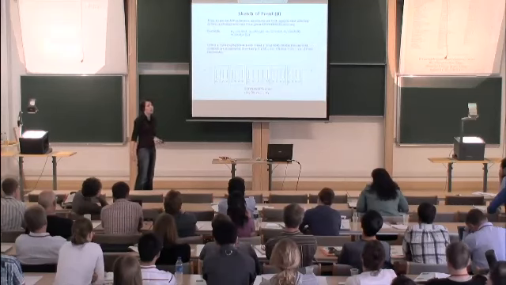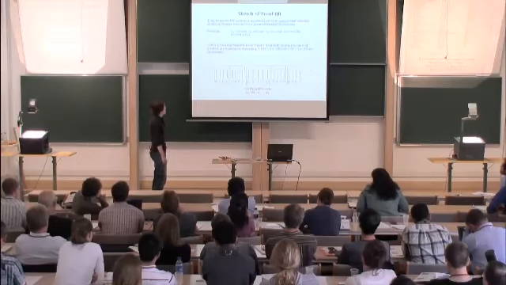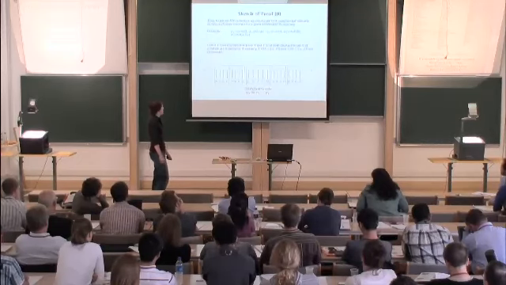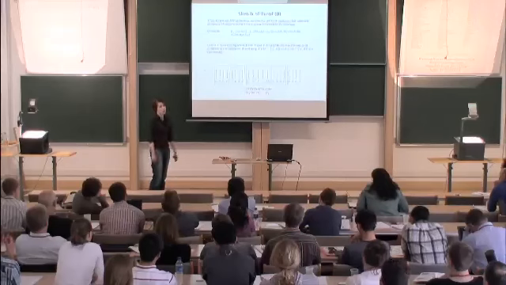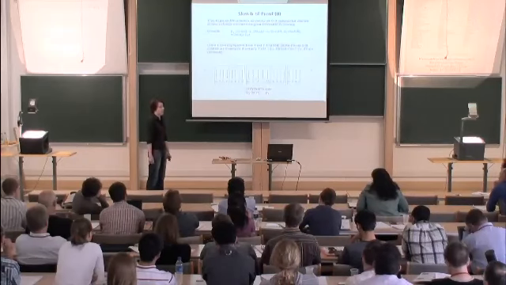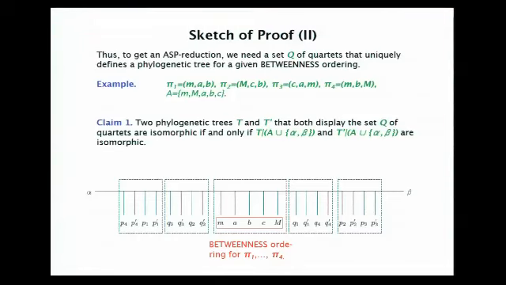However, if we add in all these additional quartets, we can then prove 2 claims. The first claim is that 2 phylogenetic trees, T and T prime, that both display the set of quartets, are isomorphic if and only if the 2 trees restricted to alpha and beta and to the part of the middle, which contains actually all the elements in your set A, are compatible.